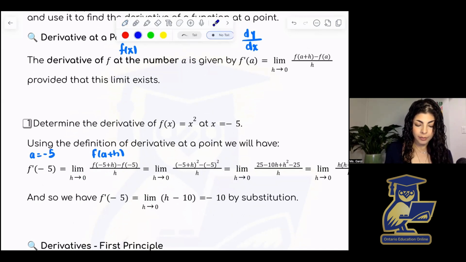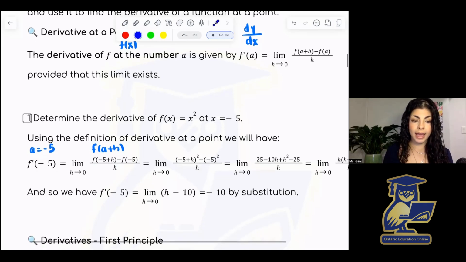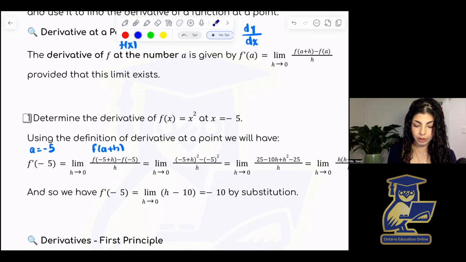And we have f of -5. And we're finding the difference of the output, and we're seeing how much the output changes as h is approaching 0. As that input value is changing very slightly, what's the instantaneous rate of change at a is equal to -5?